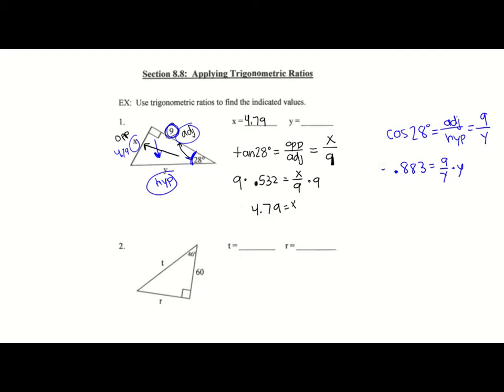Multiply both sides by y to get the y on top of my fraction. So I have y times 0.883 equals 9. And now I can divide by 0.883. My y value gives me 10.19.